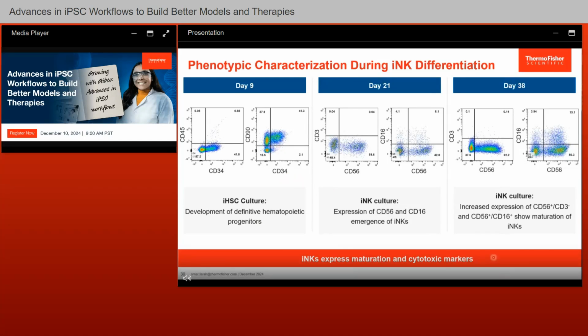At day 21, the emergence of iNKs is signified by the expression of markers like CD56 and CD16. And eventually, towards the end of the protocol, we're specifying cells that are CD56 positive, CD3 negative, and CD16 positive. So these are specifically natural killer cells, not T cells, that seem to have the killing capacity, or cytotoxic capacity, I should say.